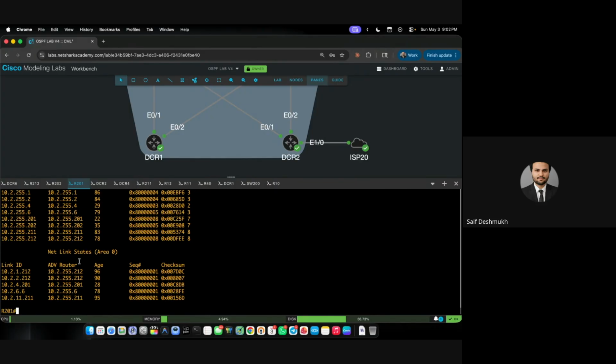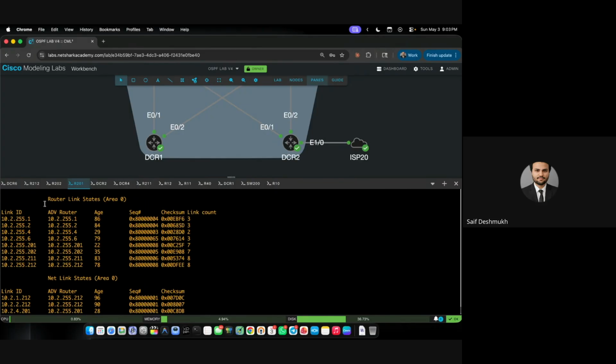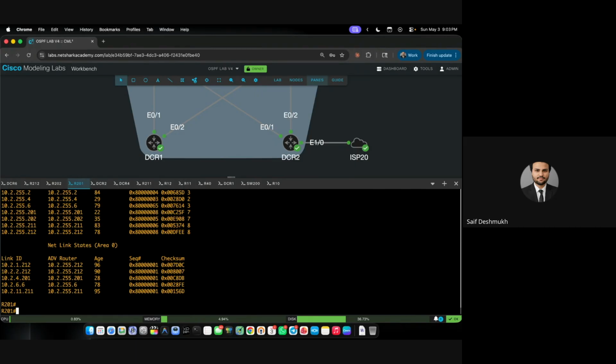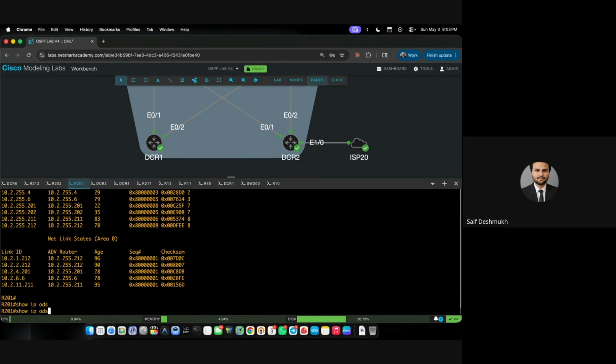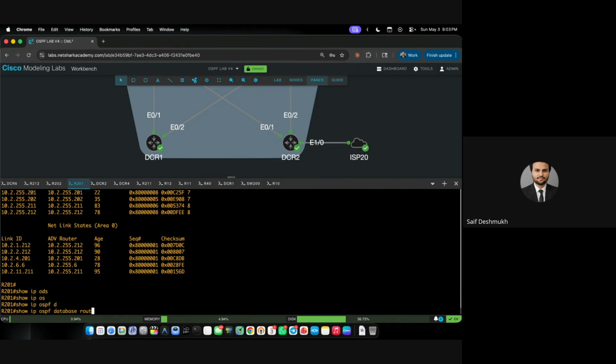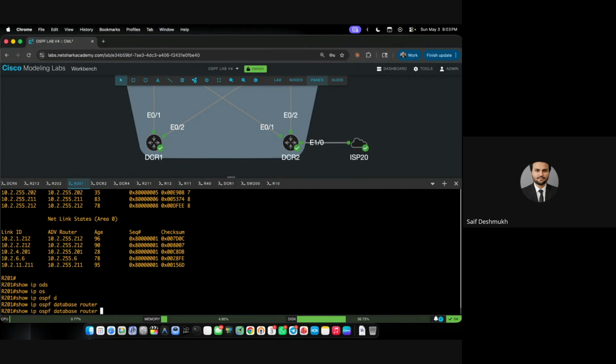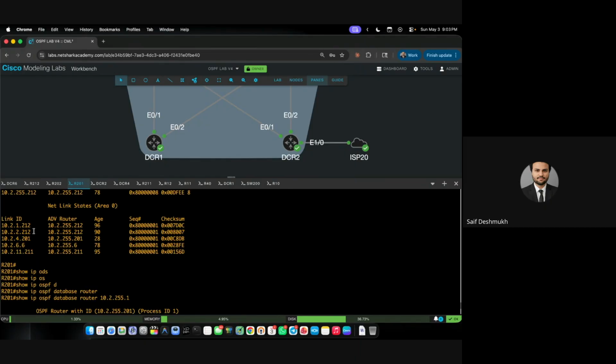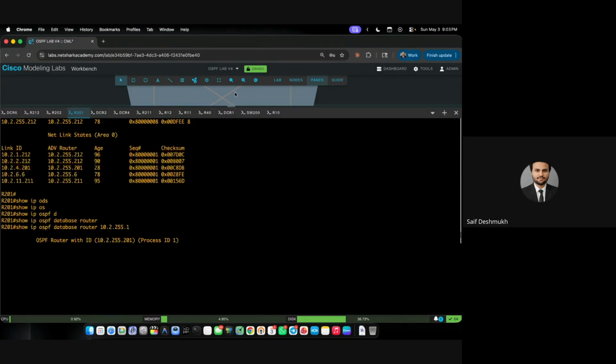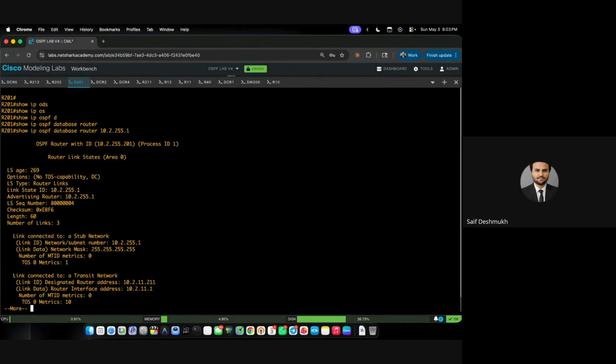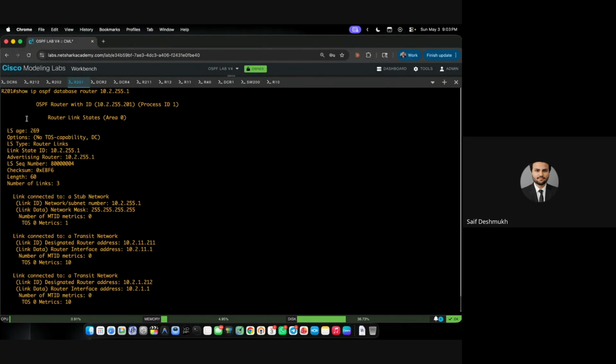Since we're talking only about router LSAs, the type 1 LSAs, we use show ip ospf database. To check the details of type 1 LSA, we type the router command followed by the router ID or the link ID. So whatever you see now is the data center router 1 LSA.